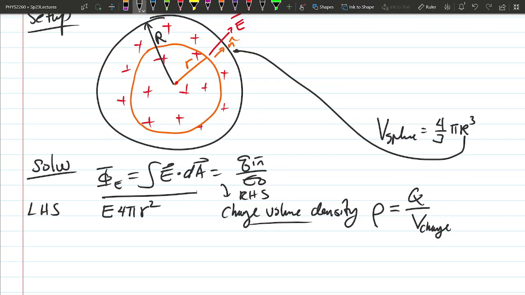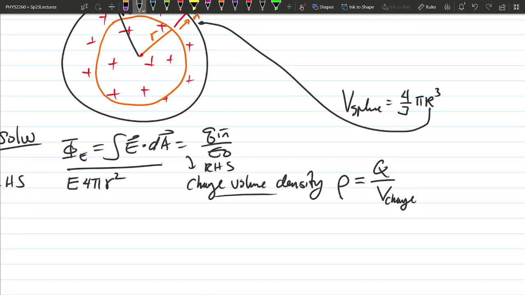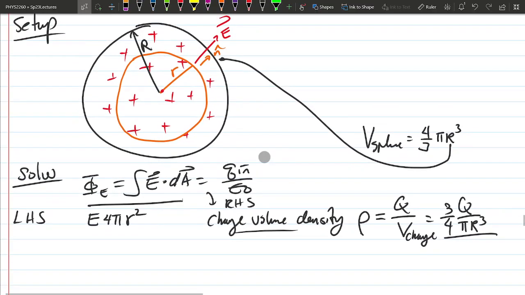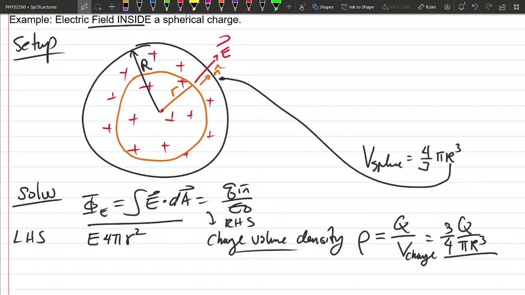So the charge density is actually Q divided by 4/3, oops, upside down, 3 over 4 pi R to the third. That's the charge density. I'm going to use this little technique where I pretend to integrate from r equals 0 to r equals little r.